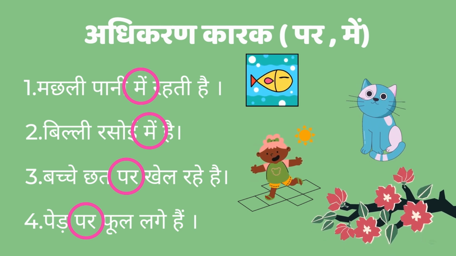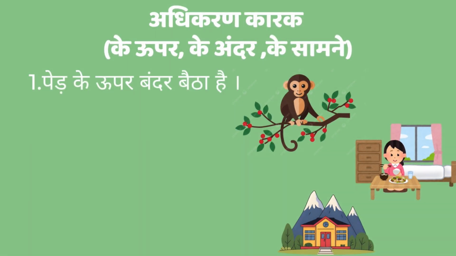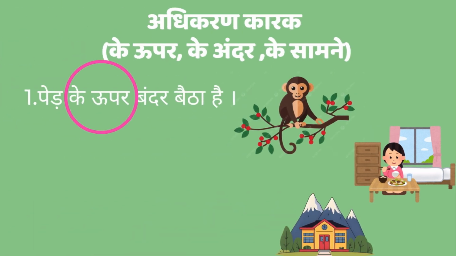Let's see more examples. In higher grades, you can get these types of prepositions also: के ऊपर, के अंदर, के सामने. So let's see the first example. पेड़ के ऊपर बंदर बैठा है. के ऊपर, it means on.